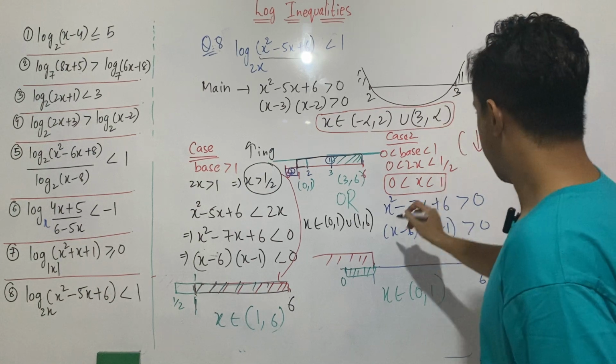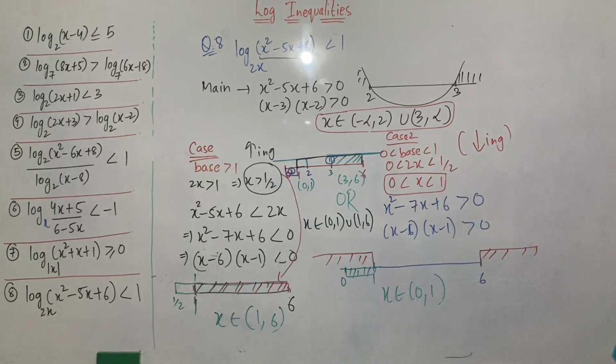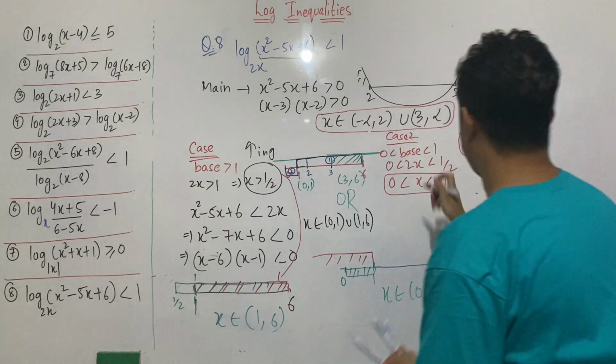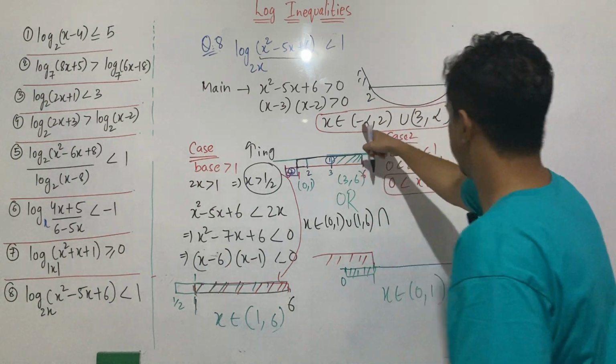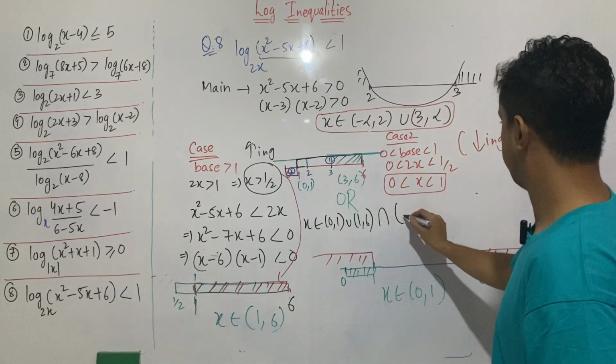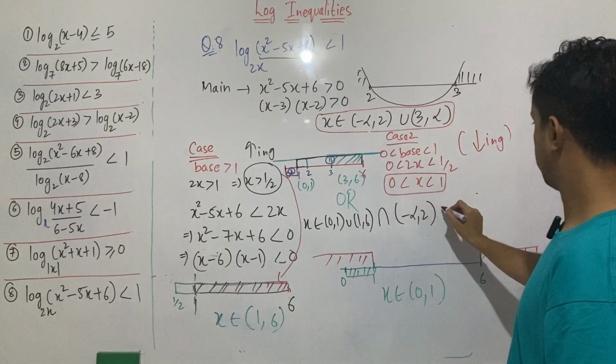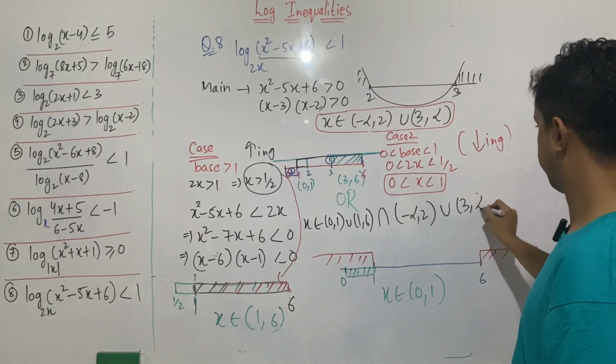And intersection with this minus infinity to 2 and union 3 to infinity.